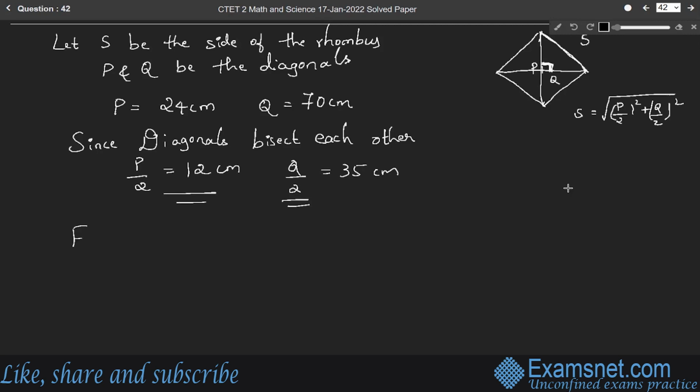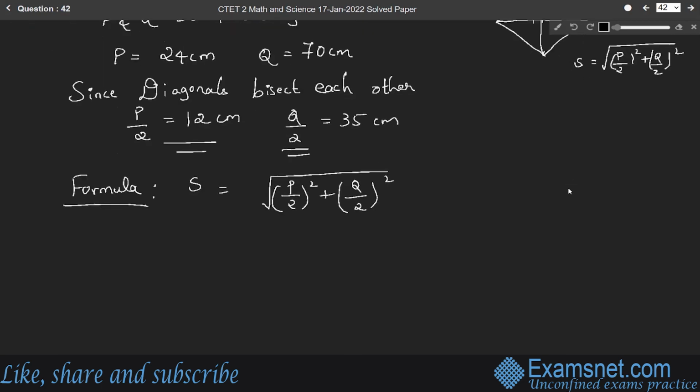Therefore, the formula here is S is equal to square root of P by 2 whole square plus Q by 2 whole square, right?